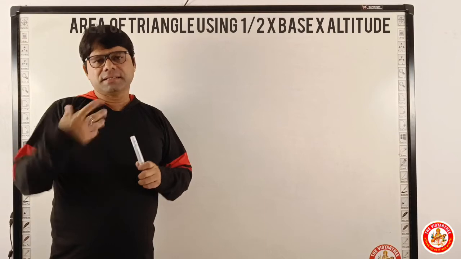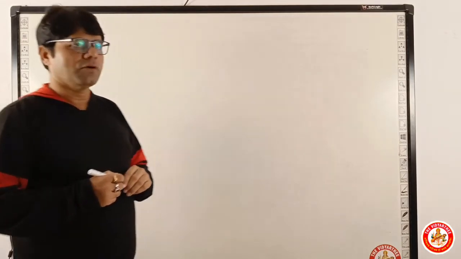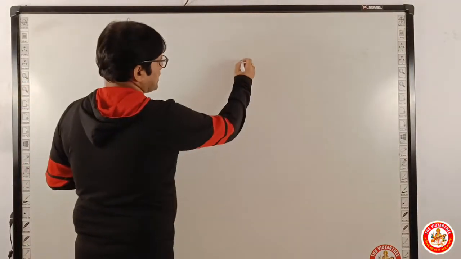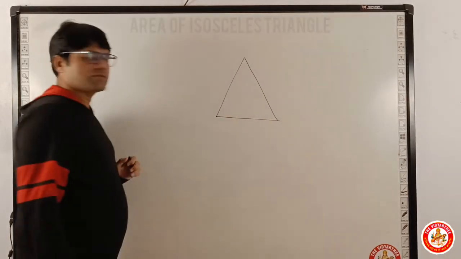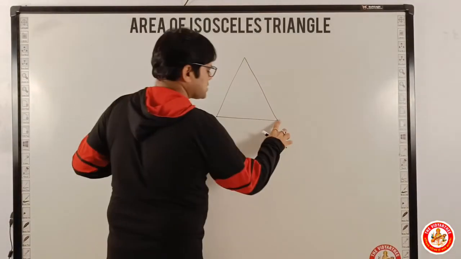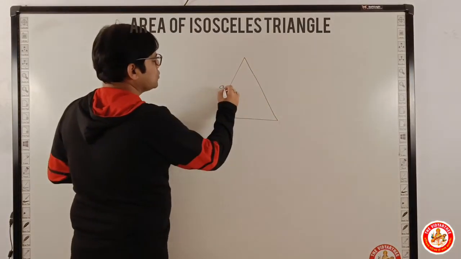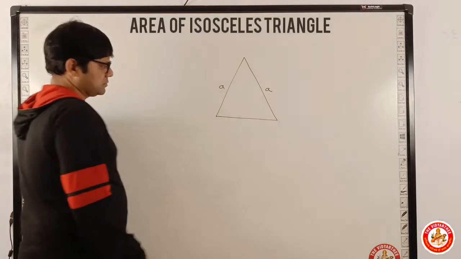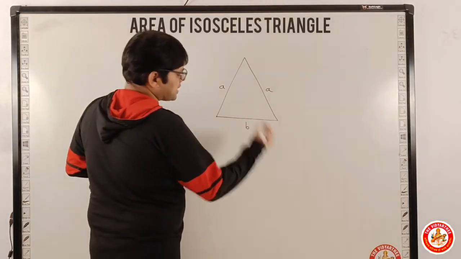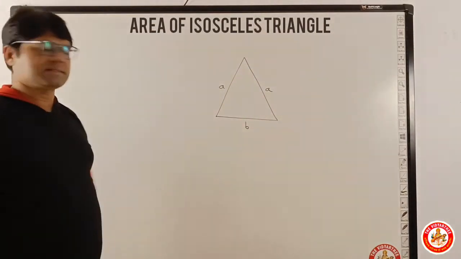Now taking up the other area formula for triangles, we have an isosceles triangle. Now an isosceles triangle has two equal sides which are adjacent to each other and one unequal side which is the base. Here in this case it is a base.